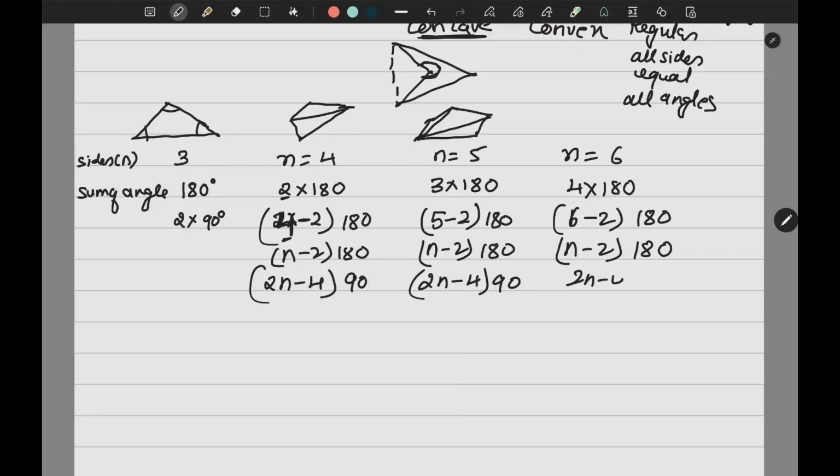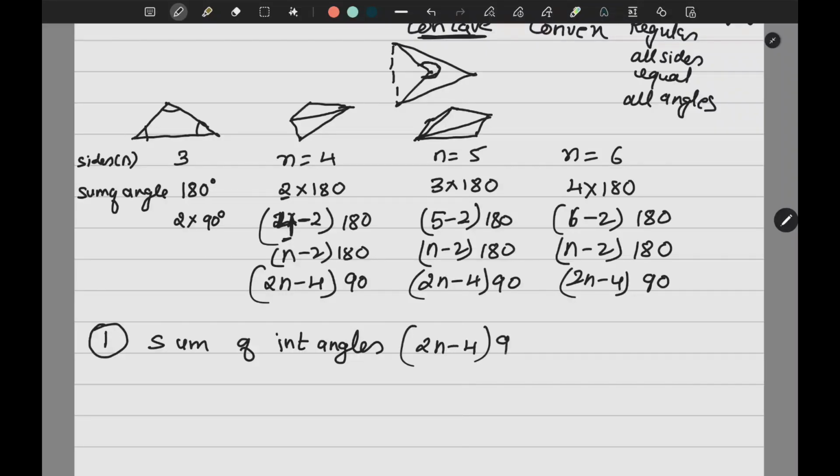Okay, (2n minus 4) of 90. So I got a standard formula. The very first formula which you need to remember is that the sum of interior angles of any polygon is (2n minus 4) into 90, or right angles. This is the most important formula you need to remember.